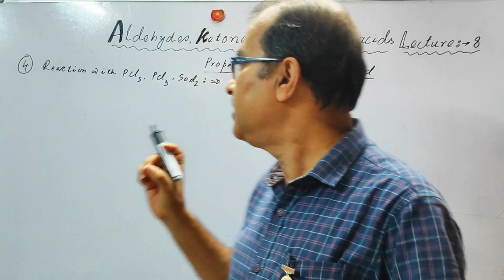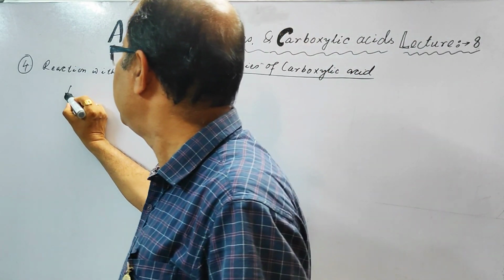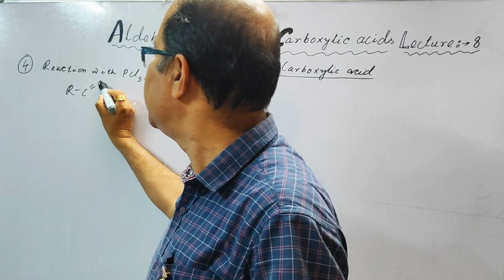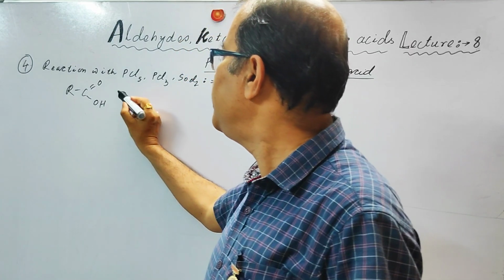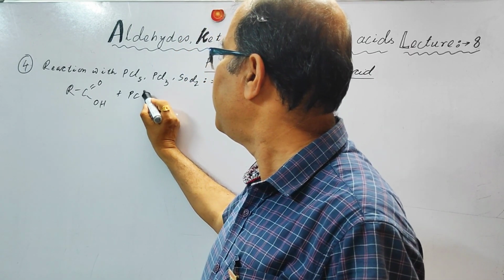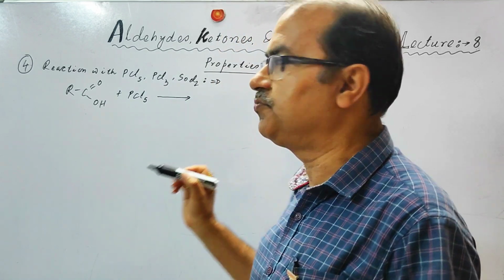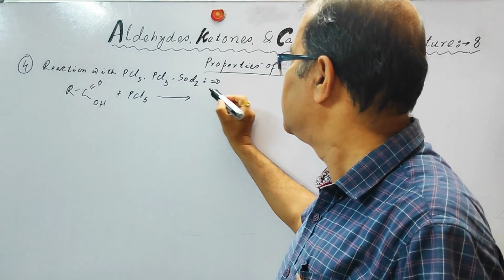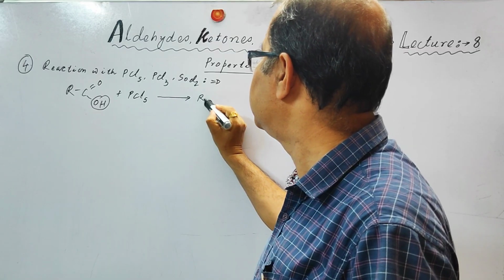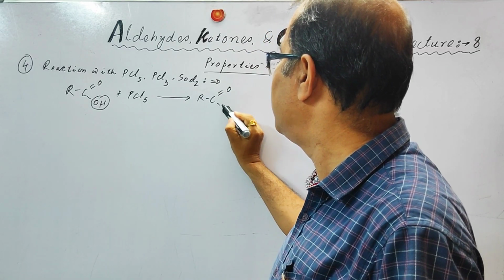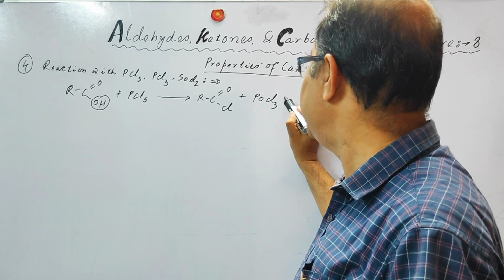And in the same way here the OH group of the carboxylic acid, that has two groups, one carbonyl group and one OH group, is going to be replaced by the chlorine atom, and it is going to produce the acid chloride. So in this reaction this OH has been replaced by this chlorine atom, and it is going to produce the acid chloride, and POCl3 and HCl.